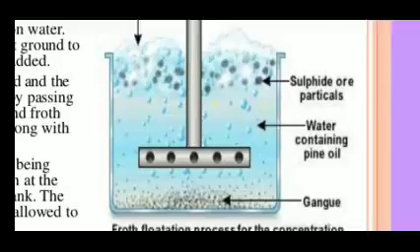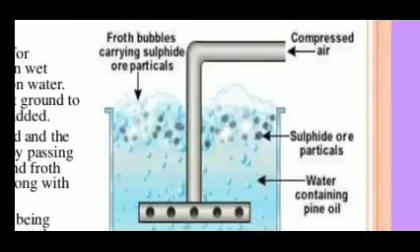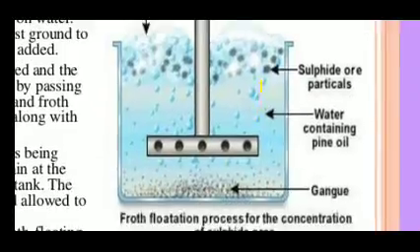Compressed air is passed through this container at high pressure, a strong current. The froth bubbles carry sulfide ore particles to the surface of the container, where they are separated using spatulas.